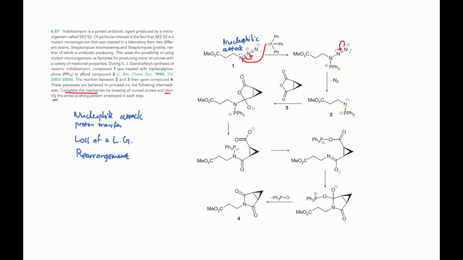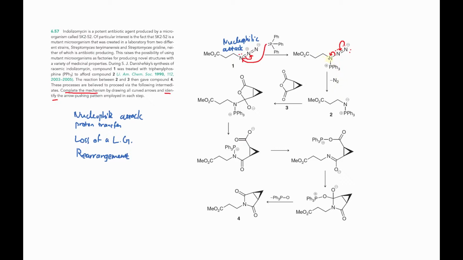Also, if you compare the structure, I have a minus charge on this bottom nitrogen. That means I need to grab that bonding between the very bottom and the middle nitrogen, and I need to place it on the nitrogen atom.